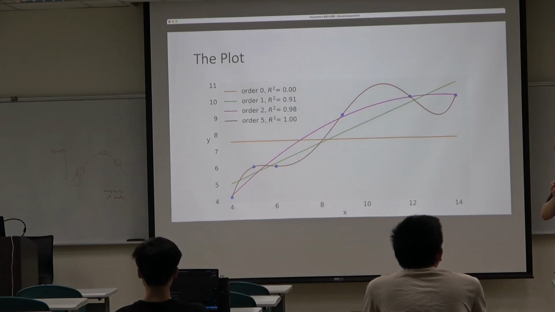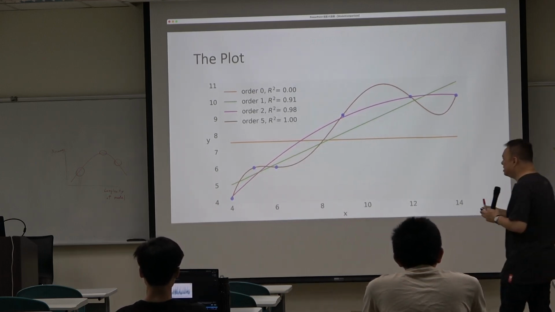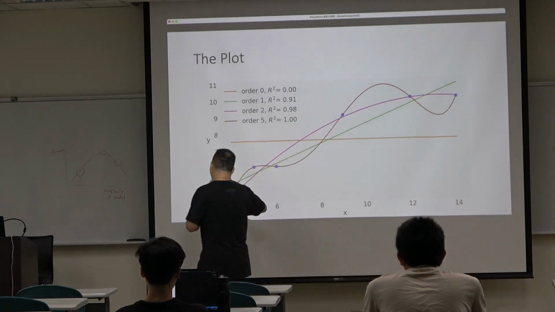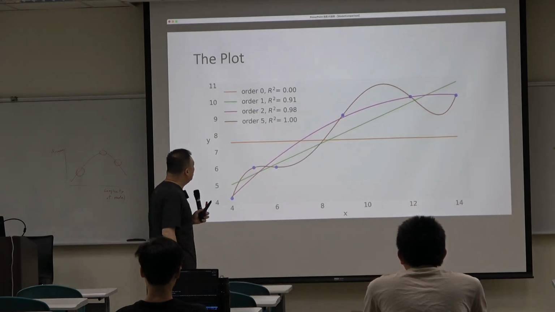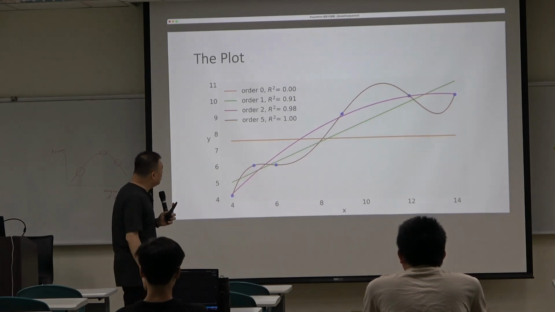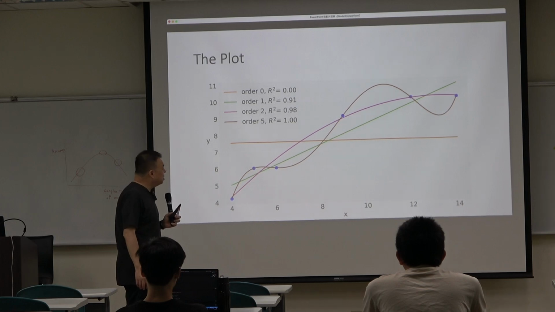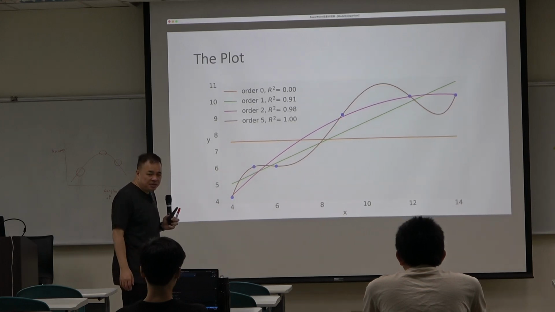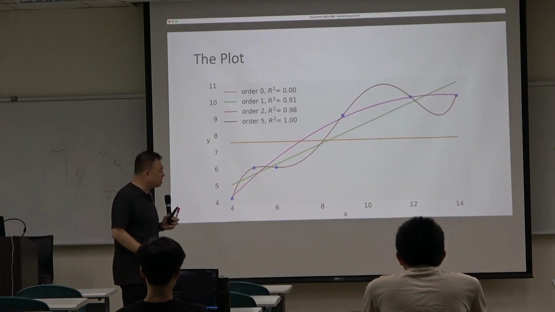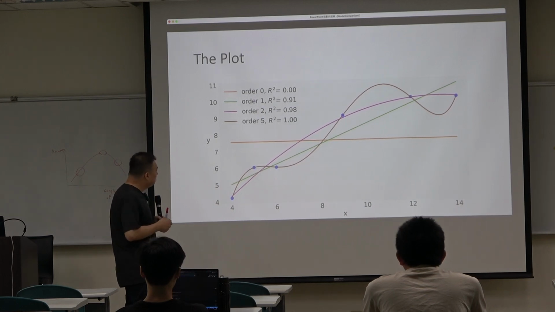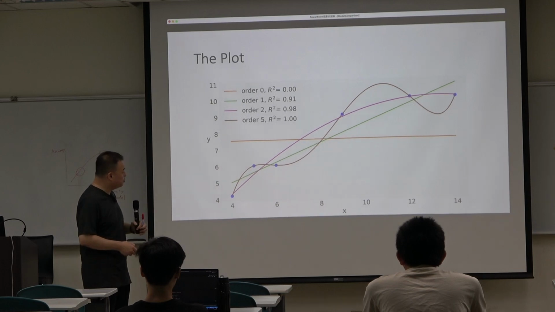So just by the visual result, you can probably tell the models of order 1 and order 2 will perform much better for future data points. But we are going to talk about this in a more numerical manner.